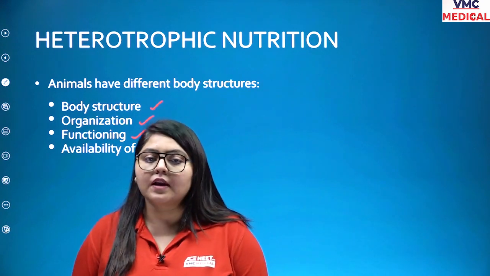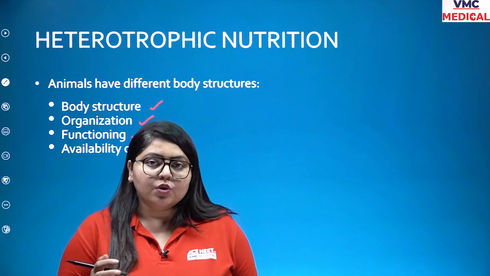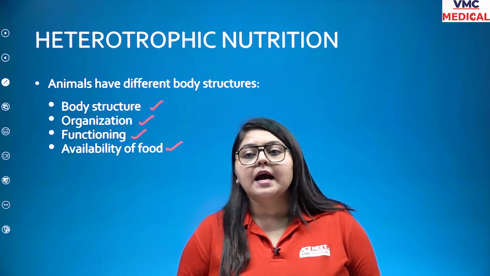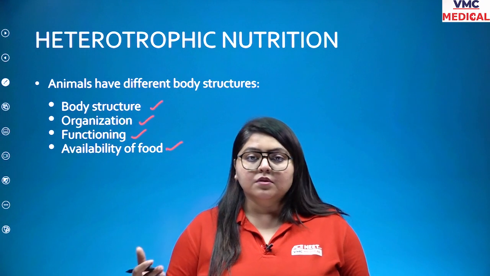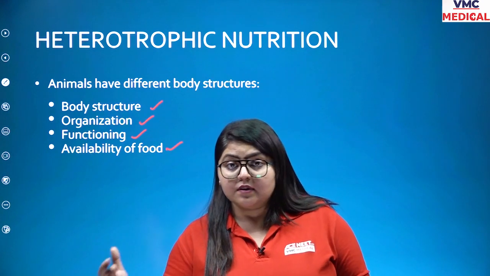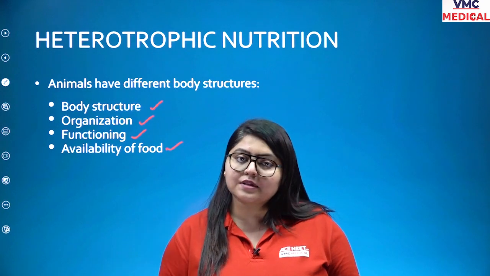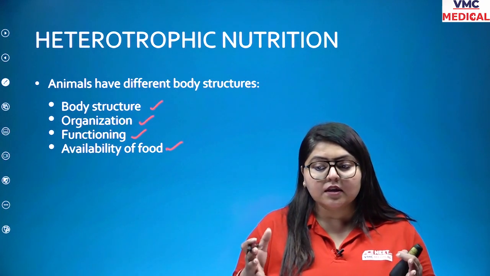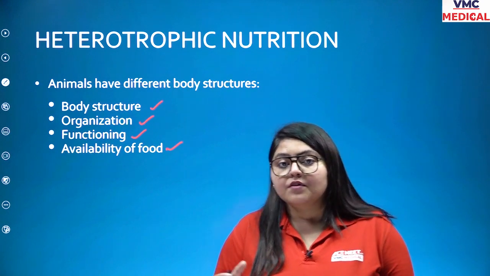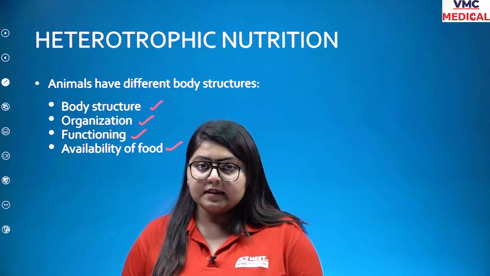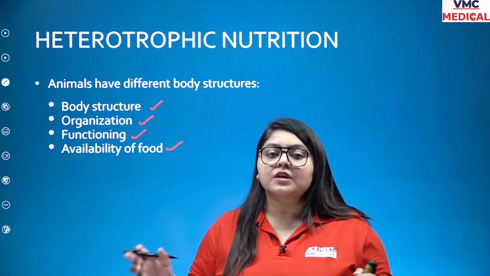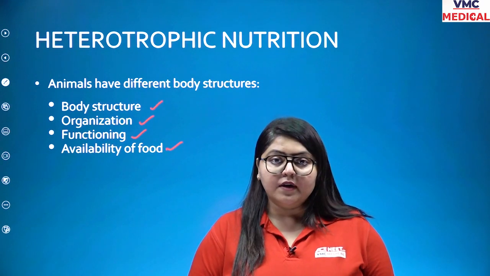Let me give you a small example over here. In case of horse, it is a herbivore, right? And if we talk about carnivores, in case of those carnivores and in case of herbivores, the small intestine has a good role to play. How? In case of horse, the small intestine is much longer.